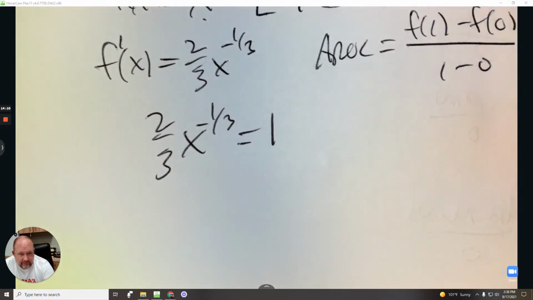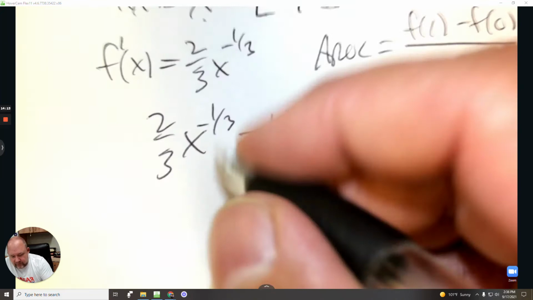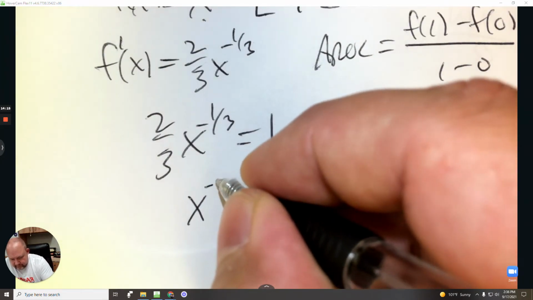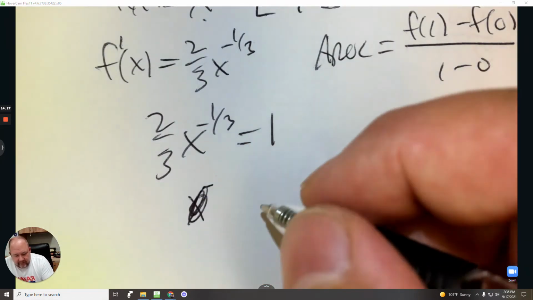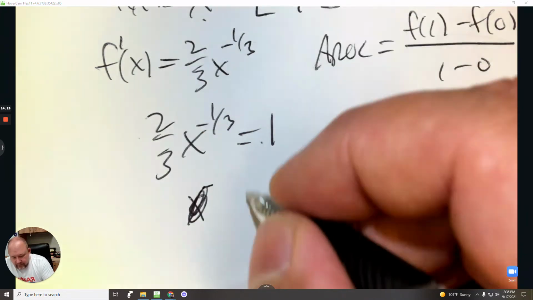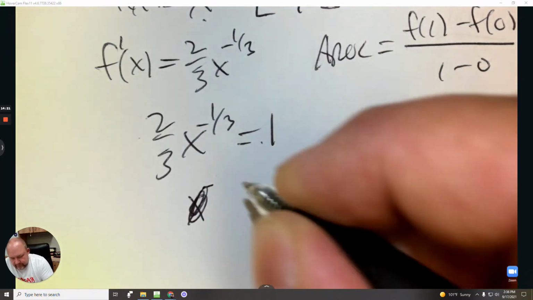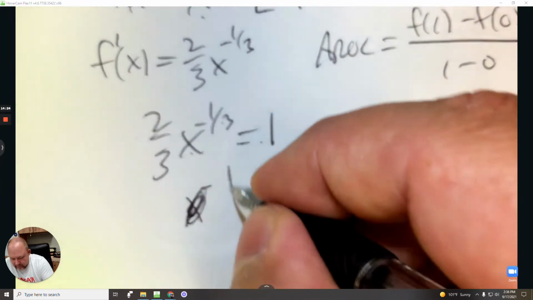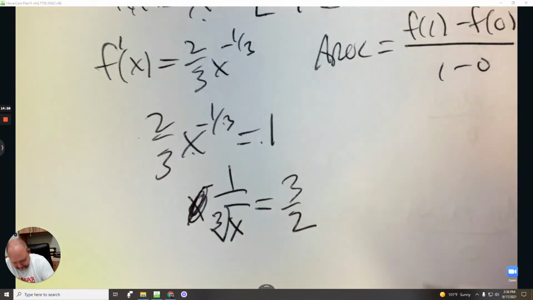And then solve it. So to undo the 2/3, you multiply by the reciprocal. And then x to the negative 1/3 is really 1 over the cube root of x.